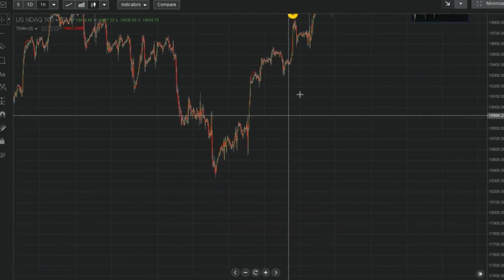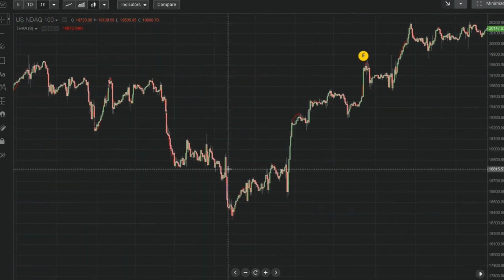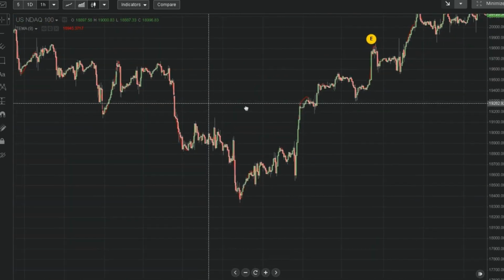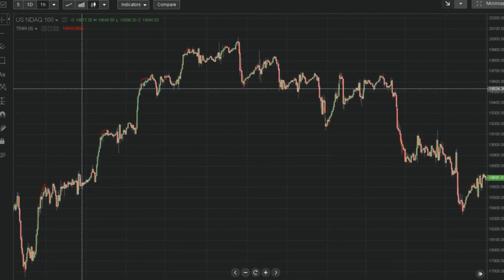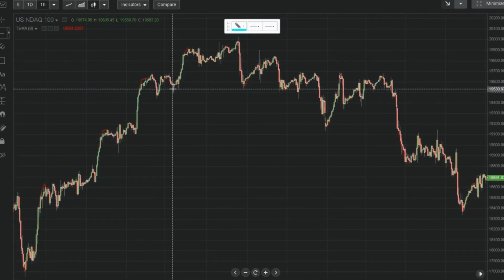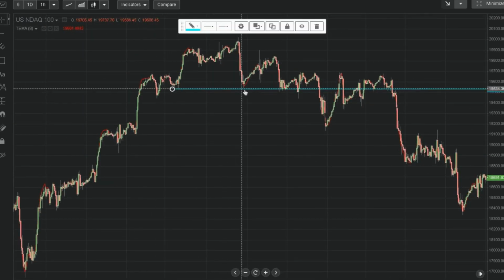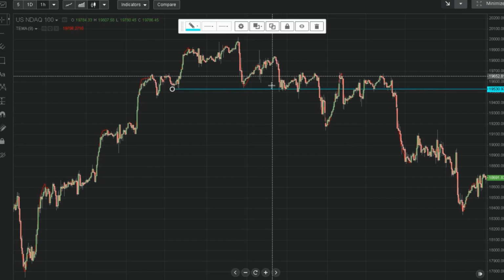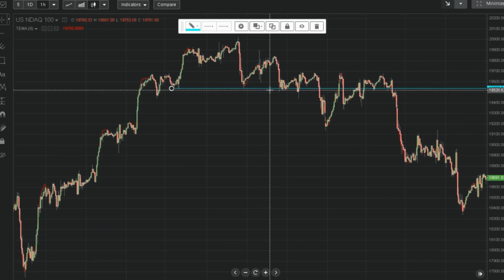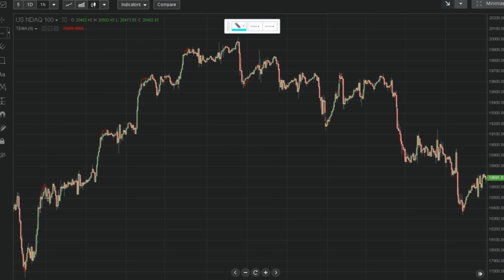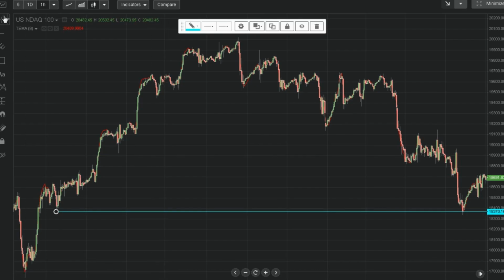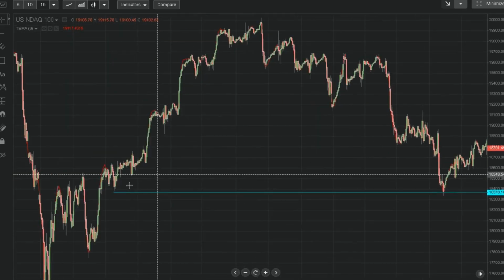Look at this, I'll show you an example again. Here, liquidity gets swept, and price goes up. This happens every time. Like here, liquidity, in this moment. Look at this, how beautiful is this?